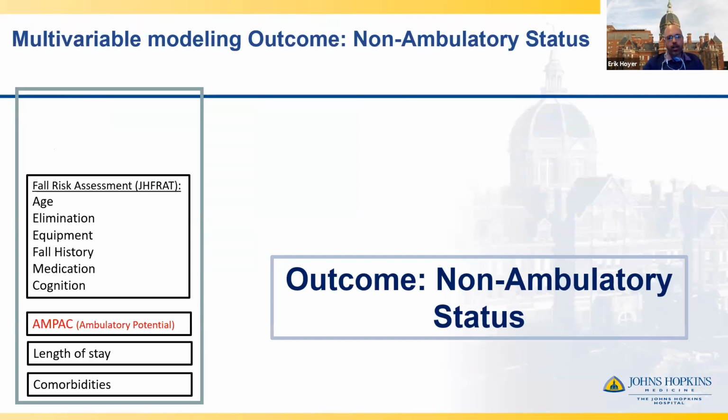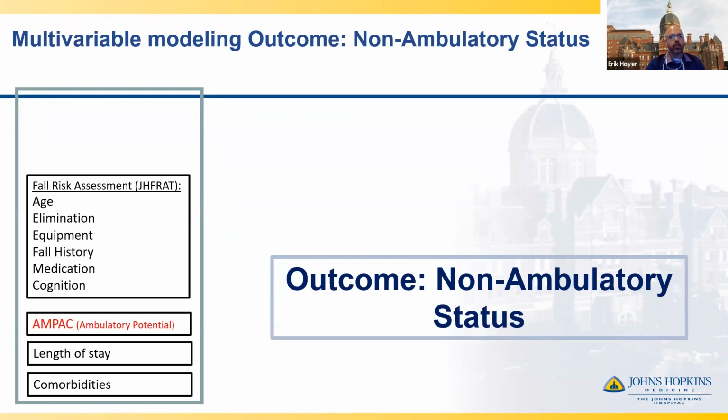So now in terms of our actual statistical analysis, what we did is we went through a process of multivariable modeling. We considered the outcome measure as non-ambulatory status. And what we wanted to do is consider all these other factors that might be explaining their non-ambulatory status.